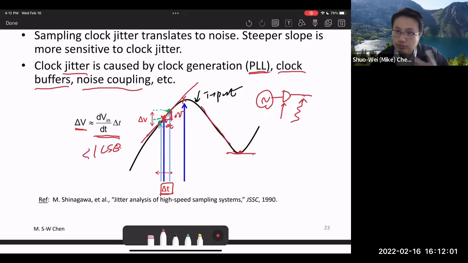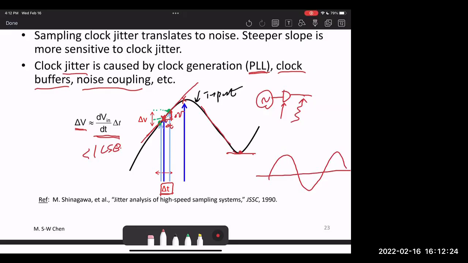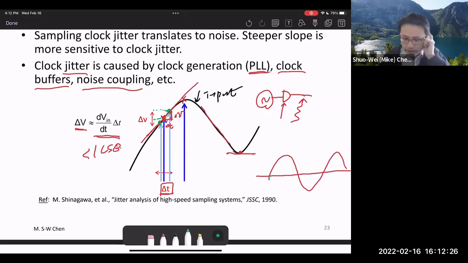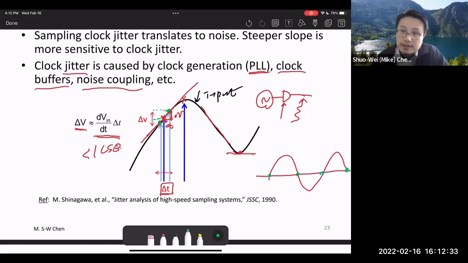So it really depends on the signal; your signal property can be different. However, if I consider the input as a sine wave, where is my worst case? Near the zero crossing, because at the zero crossing point the sine wave has the sharpest slope.